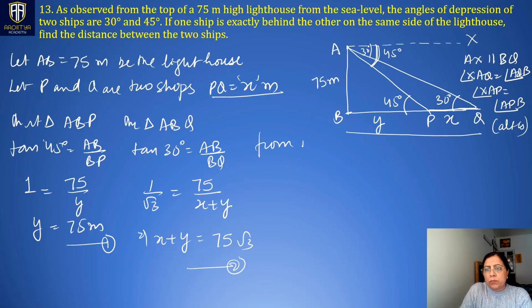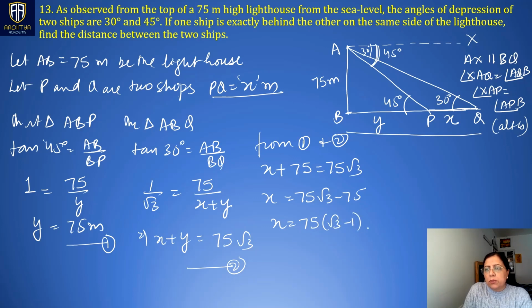Now from 1 and 2, I am putting the value of Y in equation 2. So we have X plus 75 is equal to 75 root 3. X is 75 root 3 minus 75. So X is 75 in bracket root 3 minus 1 meters.